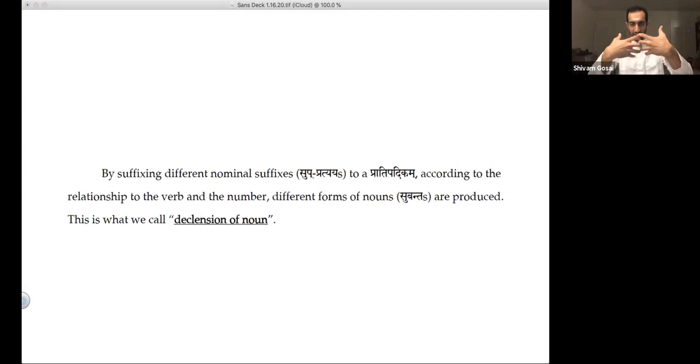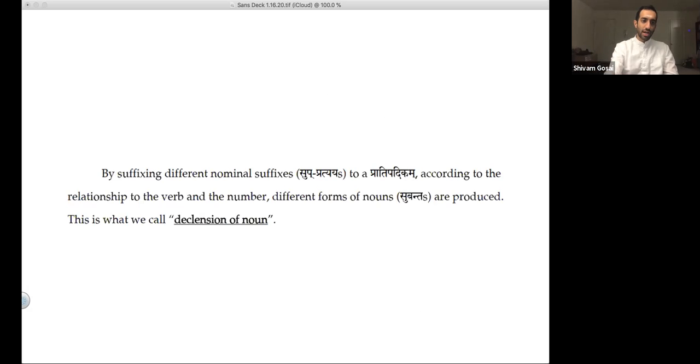That addition is what we will call declension from now on. So when I say decline the noun, what I mean is add all the different suffixes to that nominal base, to that pratipadikam. You're going to add different suffixes to a pratipadikam and make so many different forms.